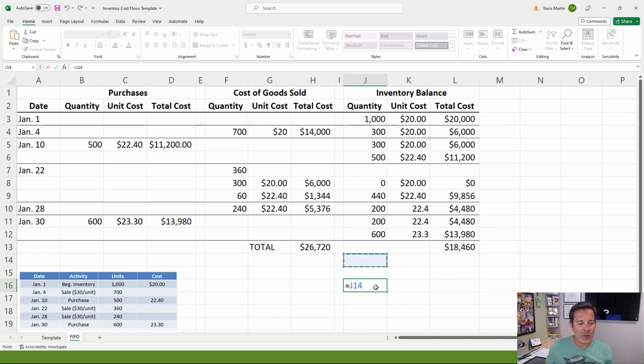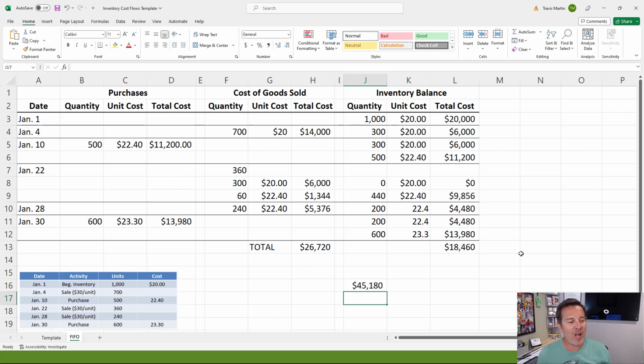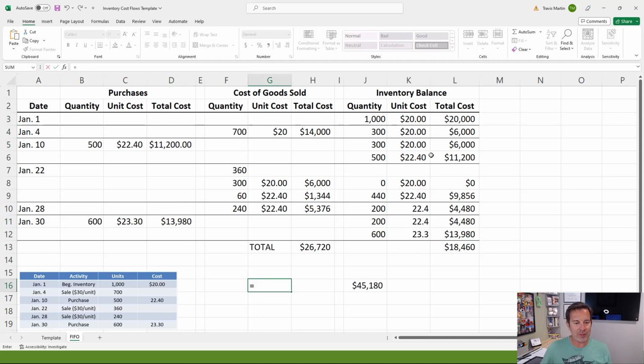If I add those two together, cost of goods sold and my ending inventory, I get 45,180, right? I had 20,000 bucks in my beginning inventory, meaning I had bought 20,000 bucks worth of inventory. I bought 11,200. I bought 13,980.